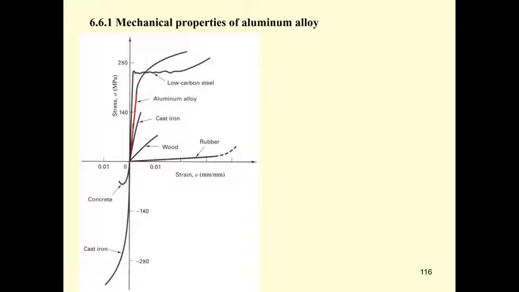And the yield strength, by the 0.2% offset, if you draw it like this, is very close to that of steel, and higher than cast iron, higher than wood, higher than rubber.